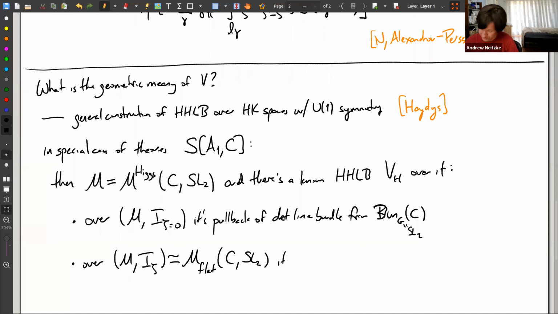Yeah, and then I guess I'll just finish by saying it's the line bundle that comes from classical complex Chern-Simons theory.